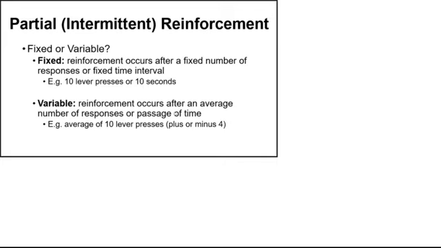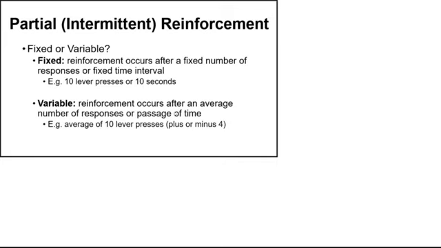And then, of course, variable is when we introduce some variability. Usually we'll describe it as, on average, this is how much responding they need to do or how long they need to wait, but there's a little bit of wiggle room to it. It'll be stated as something like, after an average of 10 lever presses, plus or minus 4.